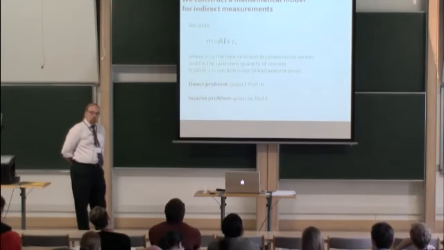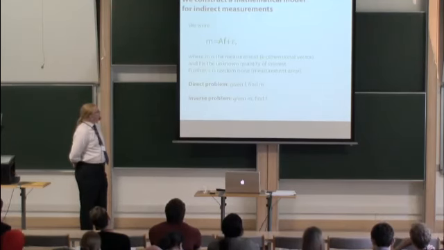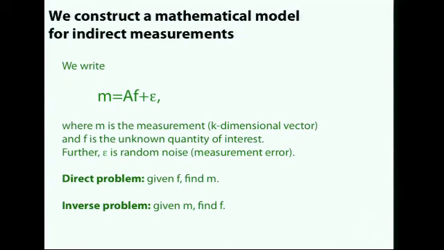In this course, I will be talking about a measurement model like this. M is always the measurement and is a vector with k components. Here we have some physics, or actually we have here a model of a physical process of our measurement. F is what we are interested in.